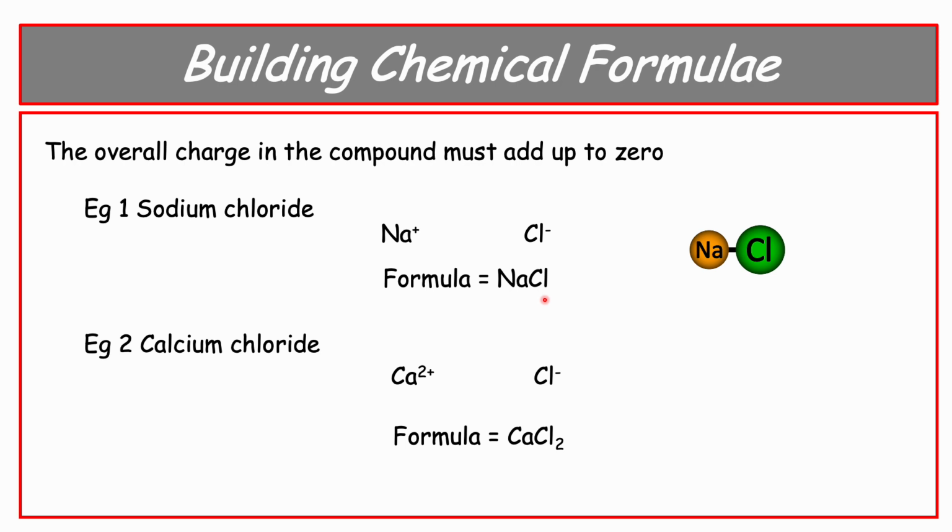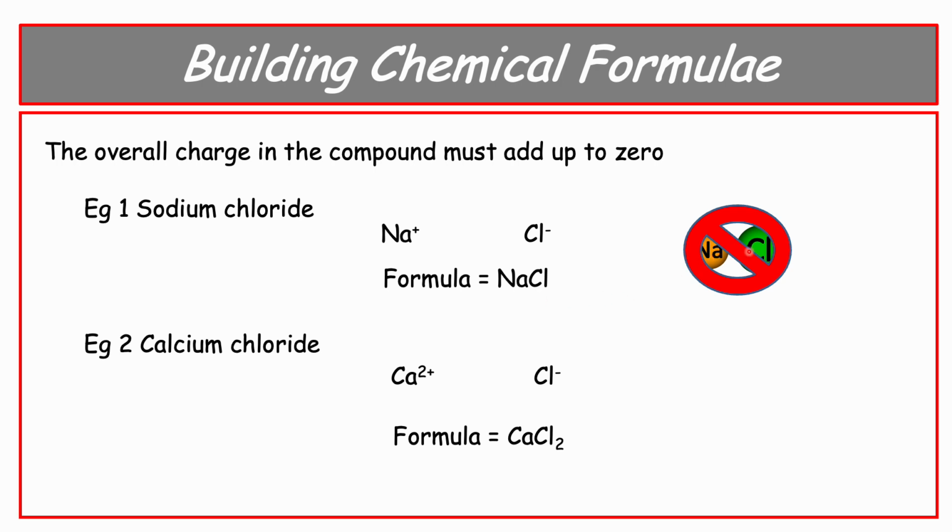This formula just tells me the ratio, aka for every 1 sodium there is 1 chloride ion. What I've drawn on the slide is actually more of a molecule, and that applies to covalent compounds. Ionic compounds form giant lattices, so that means in reality there will be hundreds of sodium ions and hundreds of chloride ions all surrounding each other.